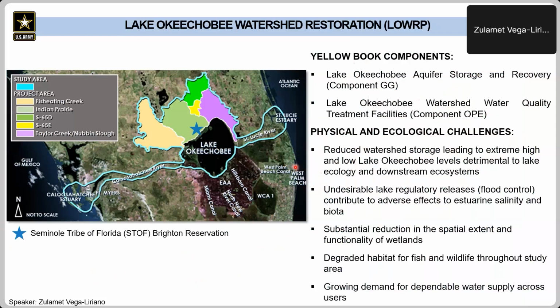There's also a substantial reduction in the spatial extent and functionality of wetlands. We can perceive a degraded habitat for fish and wildlife throughout the study area. And there's also a growing demand for dependable water supplies across users.